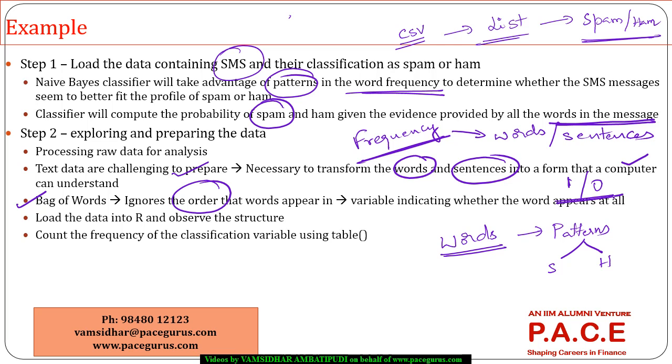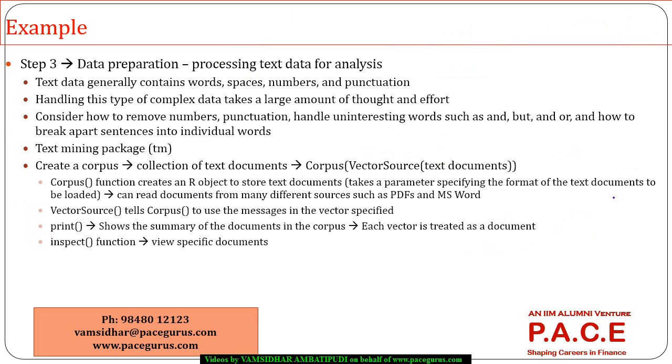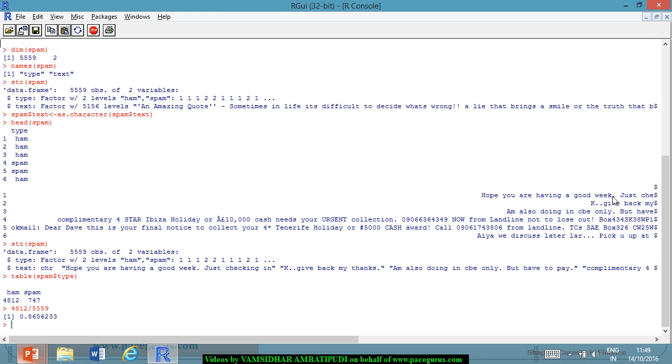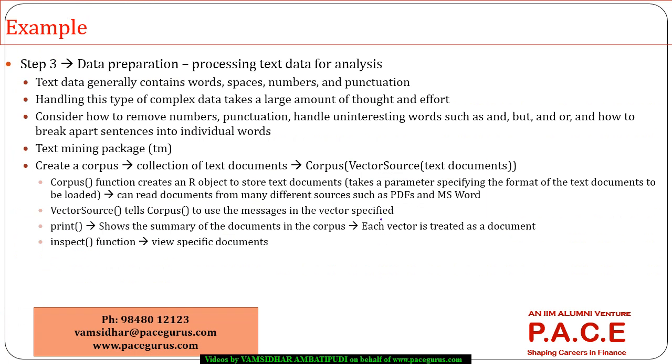Once I look at that, I move to my next step, where I'm processing the text data for analysis. The text data contains so many things. In some cases there are words. If you look at the data, there are so many words here. In this text data, when we are looking at the samples, there are different words. There are spaces in it.